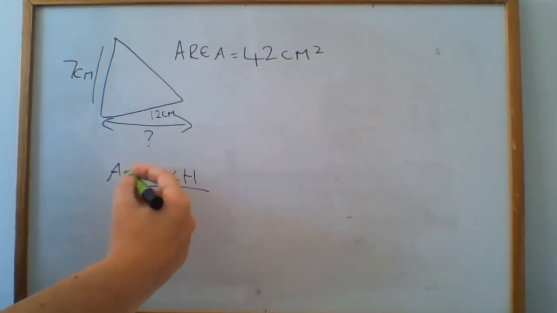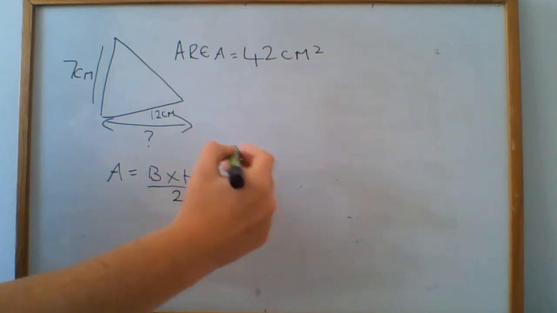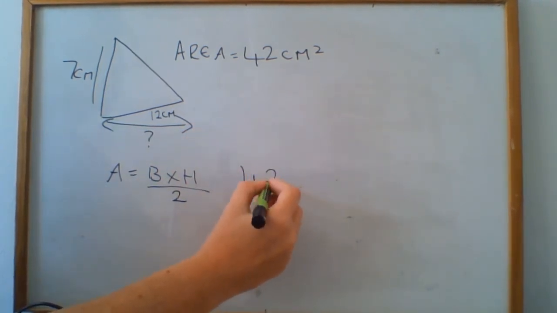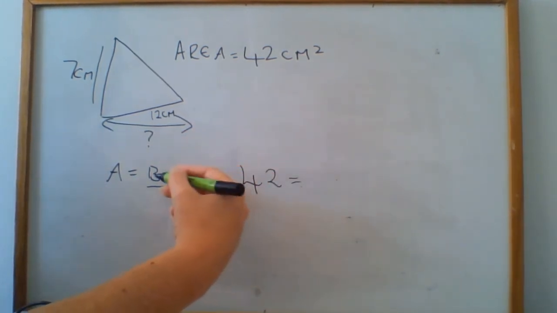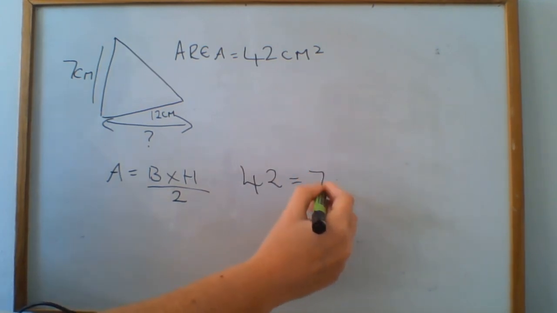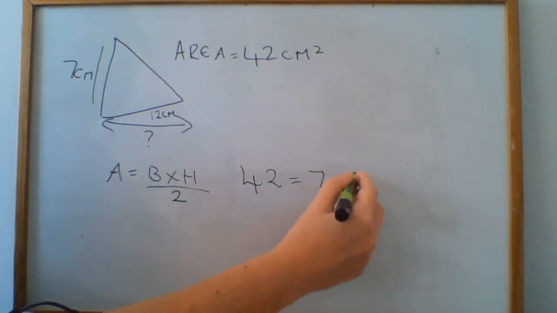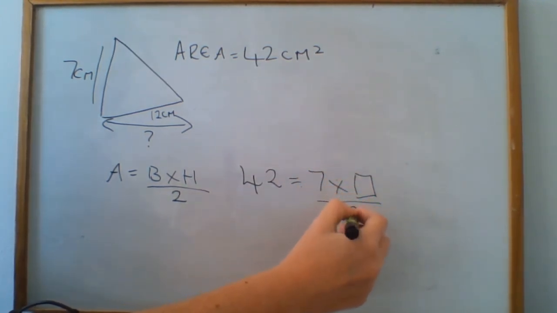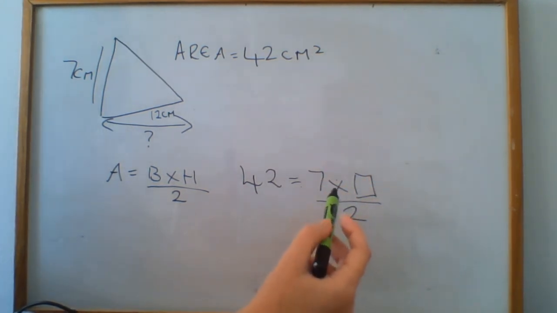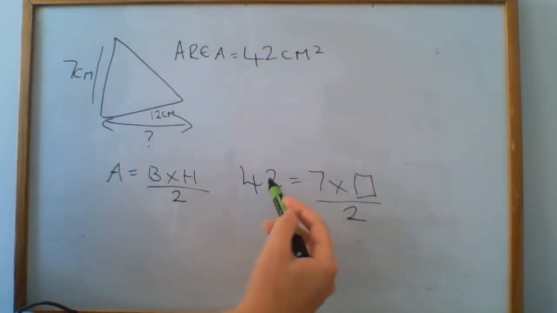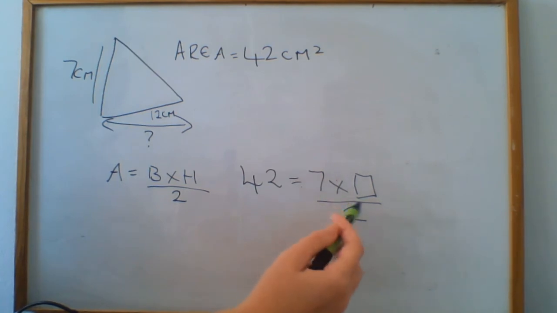So then if we write in what we know, so area we know is 42, so we can say that 42 equals our base, which is 7, multiplied by something divided by 2, okay? So if we look at this, this side has to equal this side, so this side has to equal 42. So 7 times something divided by 2 has to equal 42.